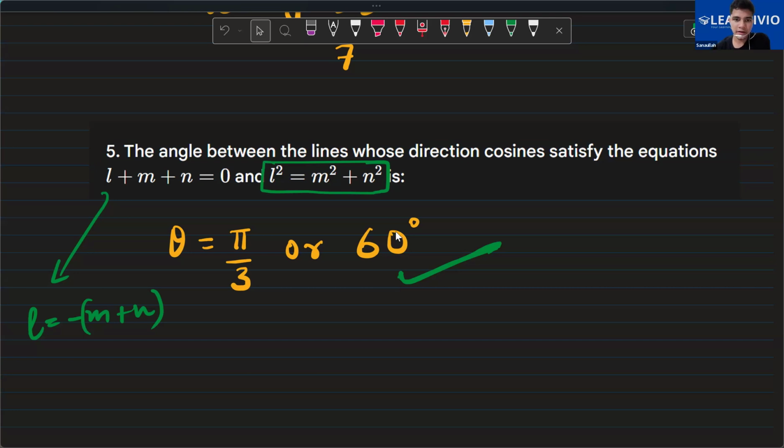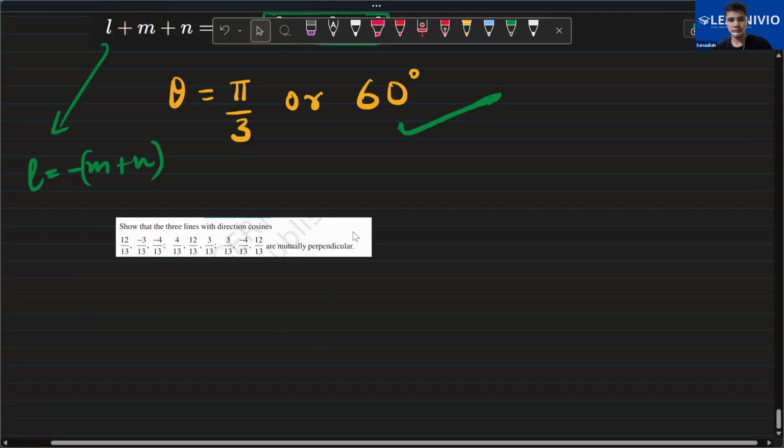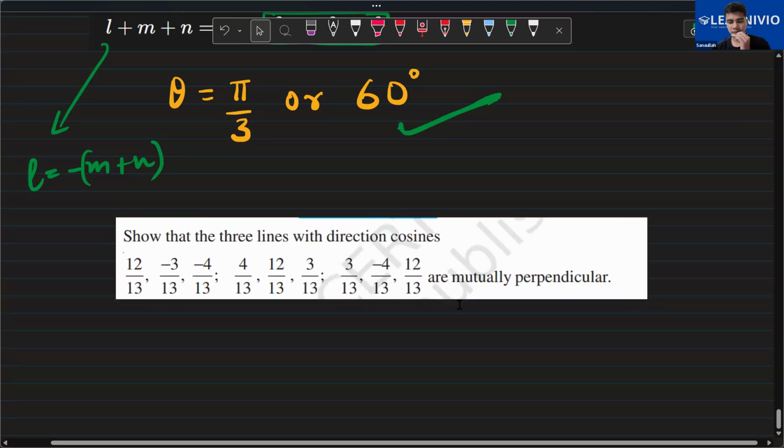Okay, what do you mean by mutually perpendicular? Sir, it makes a 90-degree angle. Then what is the use of mutually? Why is there a mutually?